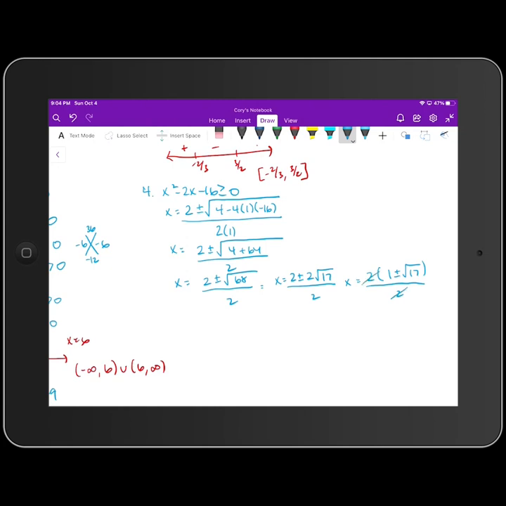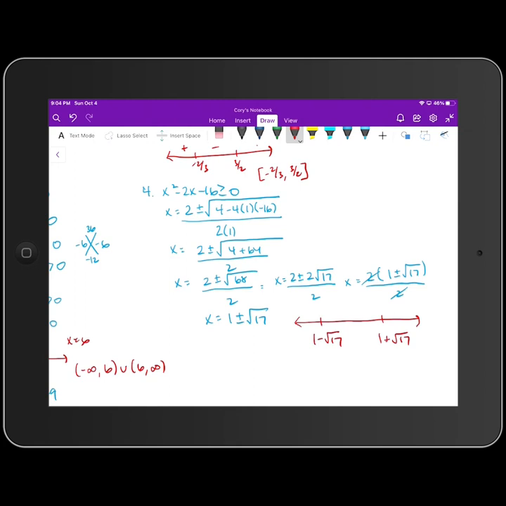So our zeros here are x is equal to 1 plus or minus rad 17, okay? So if we put that on a number line, our smaller value is 1 minus rad 17, and our bigger value is 1 plus rad 17.